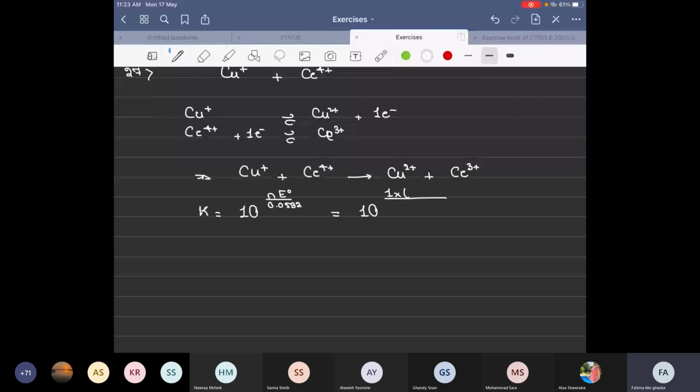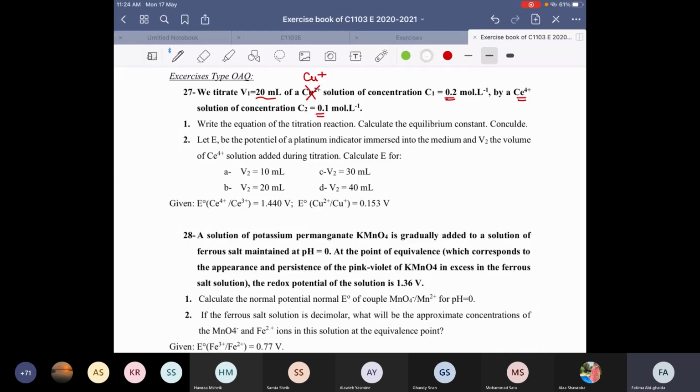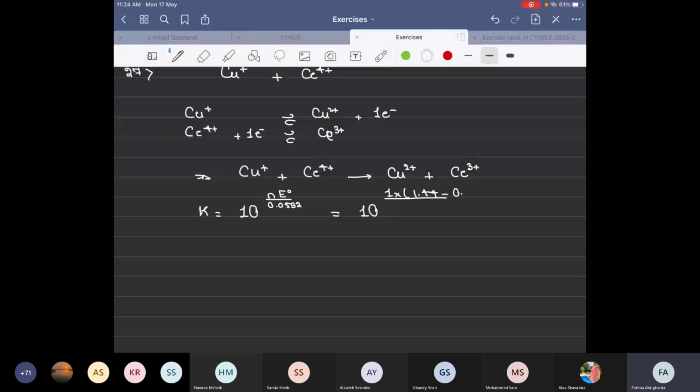Or let's say it is the oxidation, and cerium is the reduction, so that's E0 of cerium, which is 1.44 volt, which we saw a moment ago, minus E0 of this couple, which is 0.16, actually they gave us 0.153, divided by 0.0592. 10 to the power, check the number, okay, 21.73. So basically it is 5.5 times 10 to the power 21, not 29, sorry.